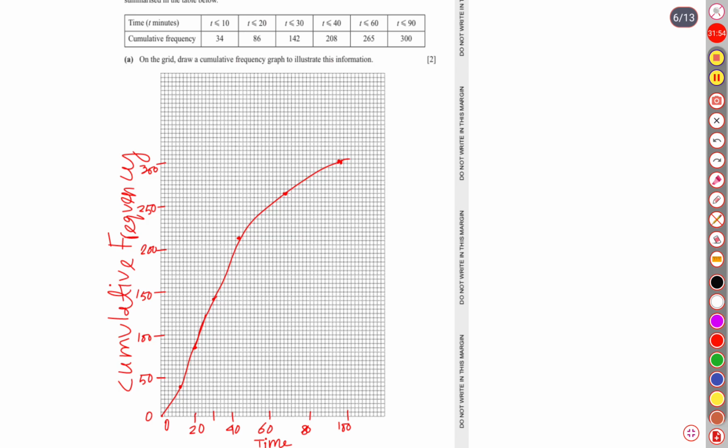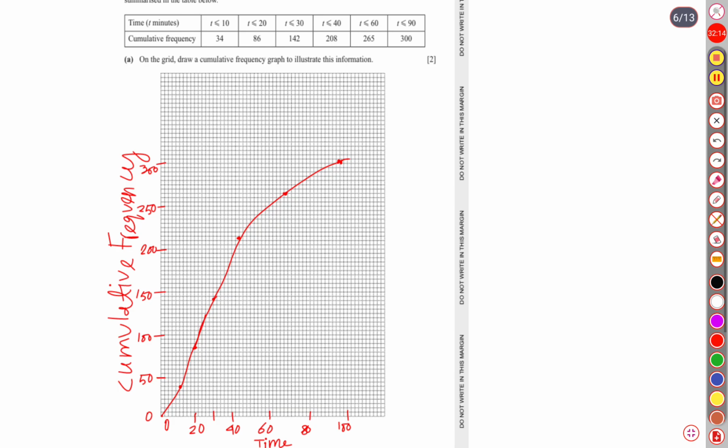So at 10 our cumulative frequency was 34. Then at 20 our frequency was 86. When our time was 30, then the cumulative frequency was 142. Then 208, 265, and 300.